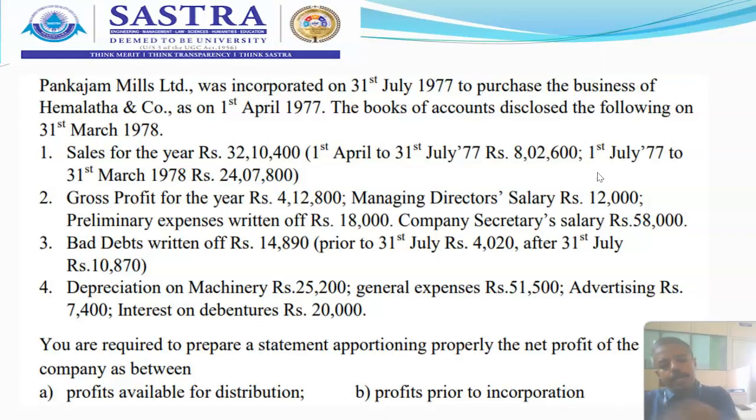The reason is that the entire 18,000 is purely based on the formation of the company, registration of the company, getting the certificate of incorporation. So the preliminary expenses can be allocated fully to the post-incorporation period, whereas the pre-incorporation period can be kept as nil, zero.